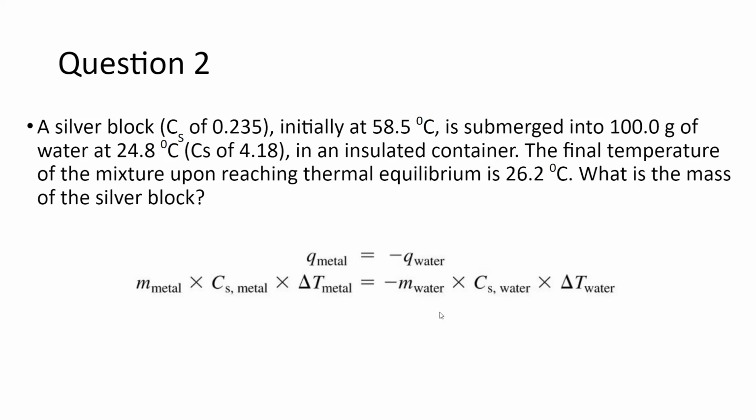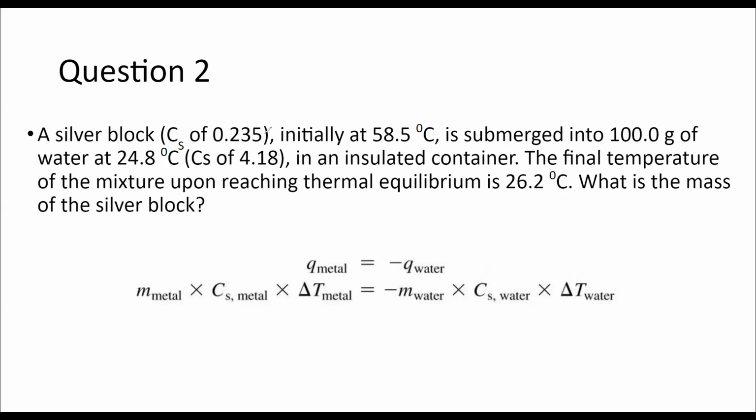So in this equation, we have 6 variables. Just like PV equals nRT, what we're going to do is fill in the variables, see what variable is missing, and solve for that missing variable. So silver block, CS of 0.235. So my metal, the CS is 0.235. Actually, we have more than 6 because it's T final minus T initial.